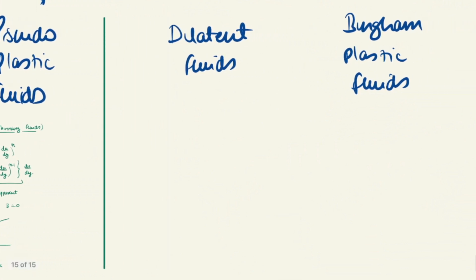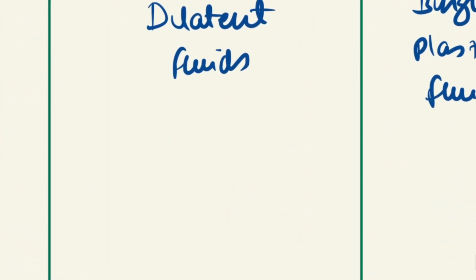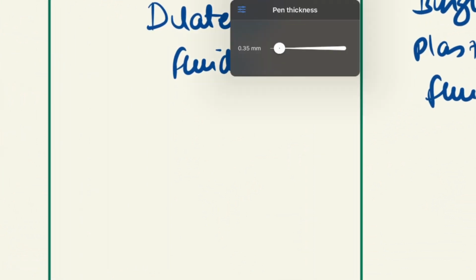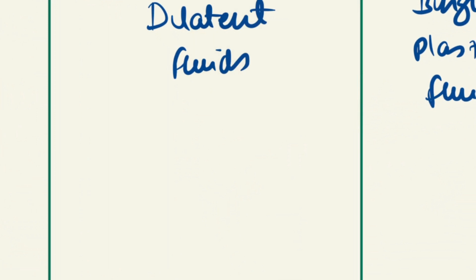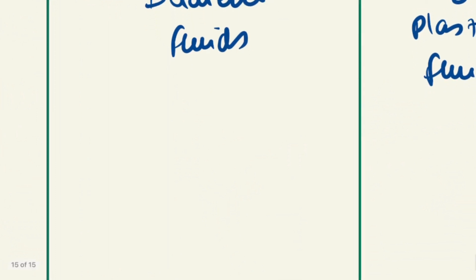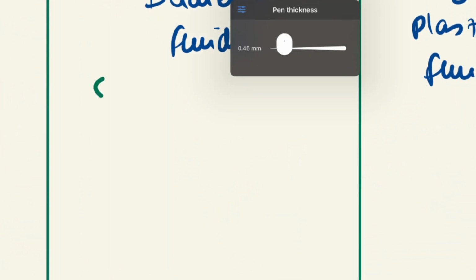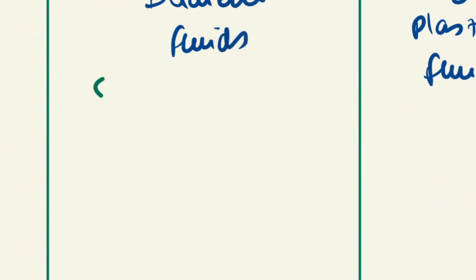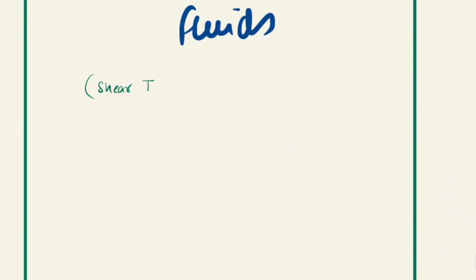Now we'll be talking about dilatant fluids. So let's discuss dilatant fluids. Well, these are shear thickening fluids.